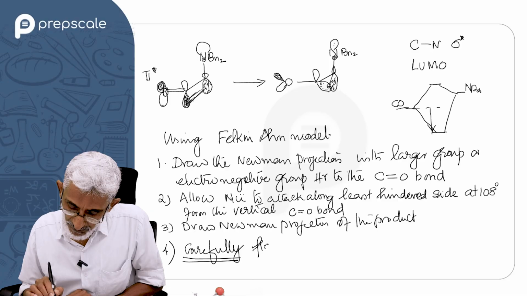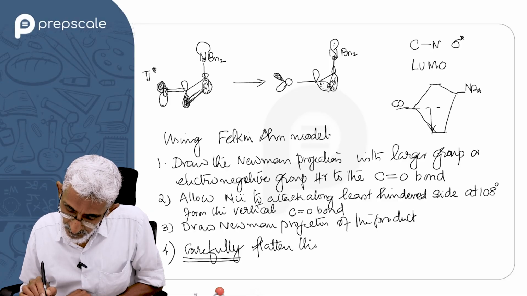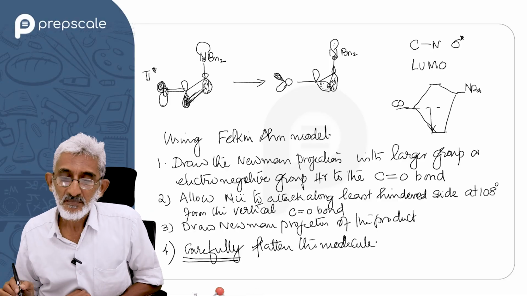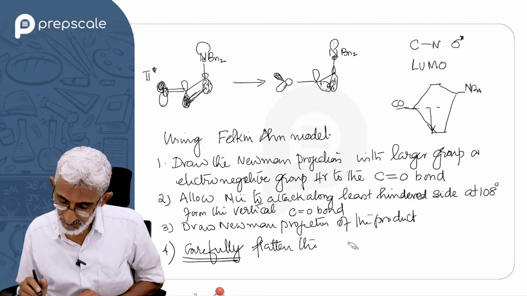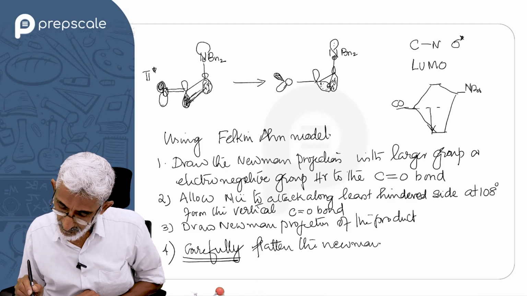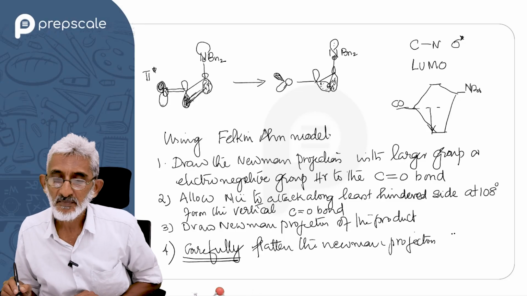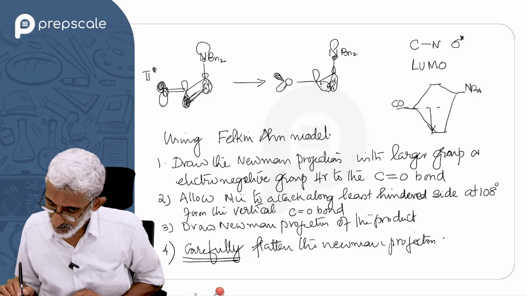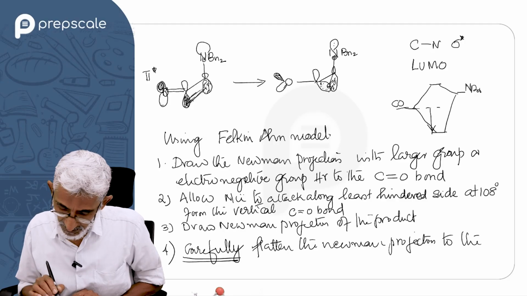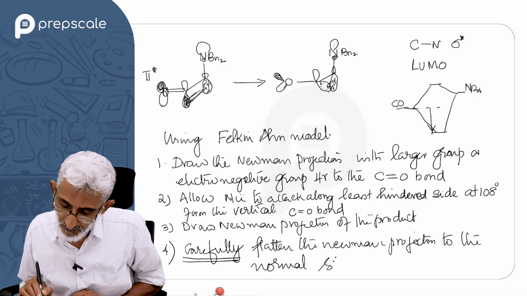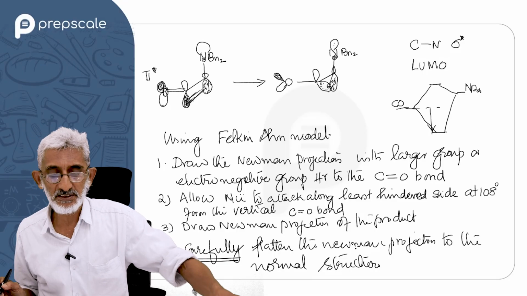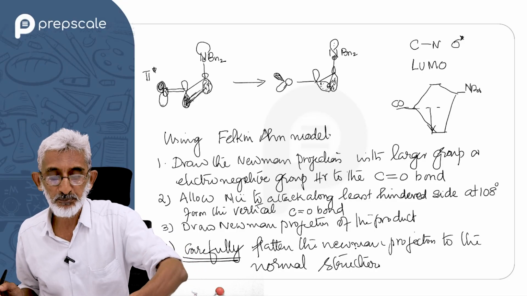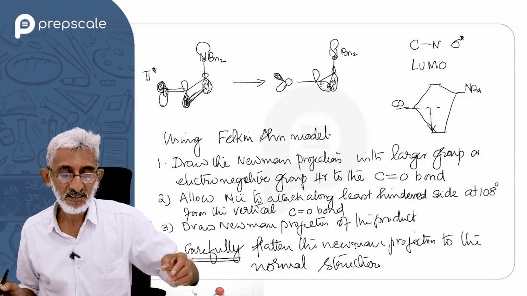Carefully flatten the Newman projection to form the normal structure. So these are the different steps which you have to follow to apply this Felkin-Anh model.